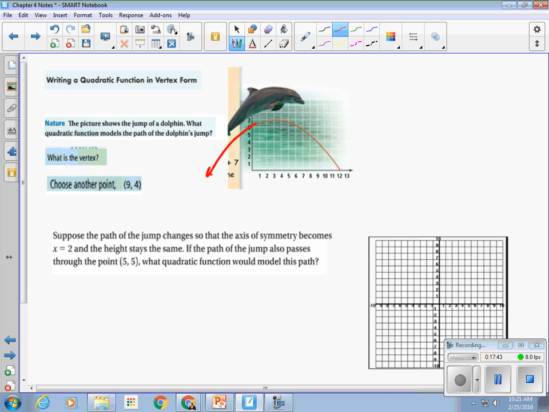So we can see that the vertex is at 3, 7.